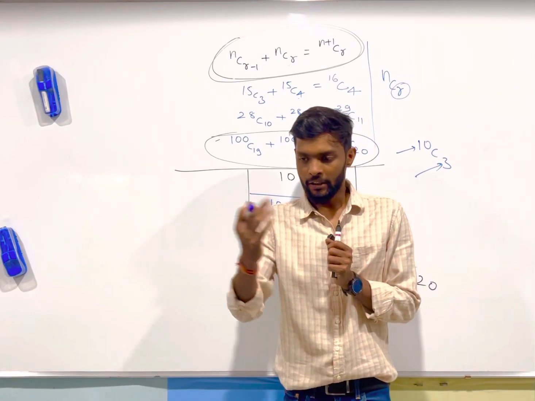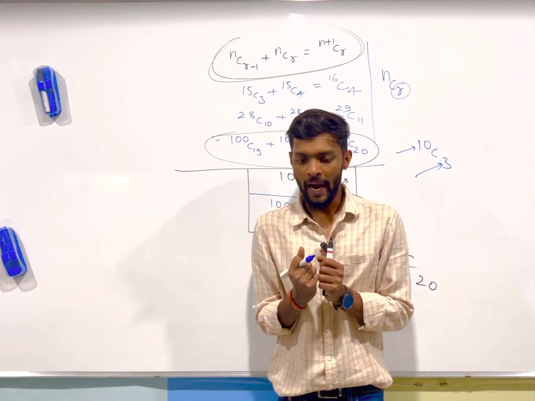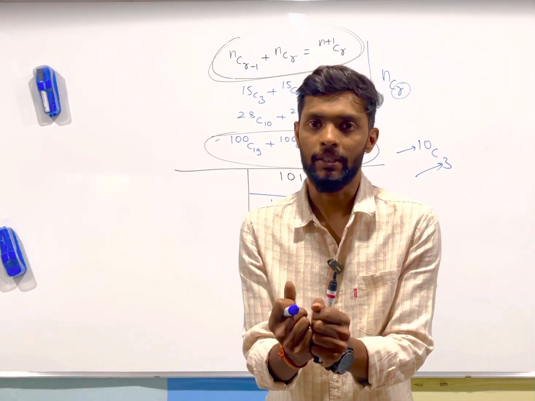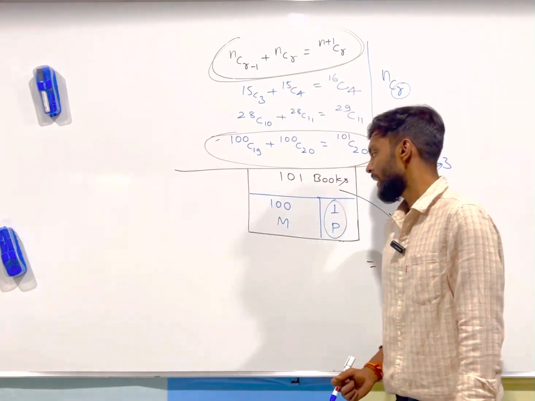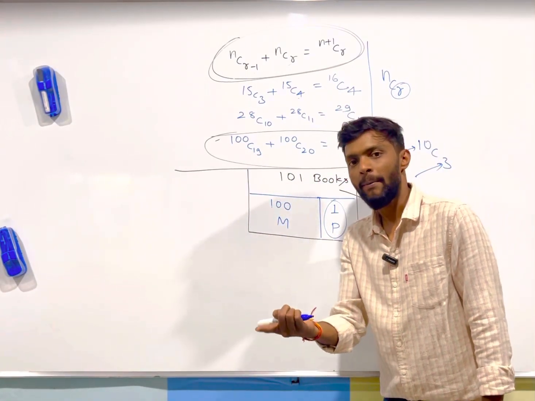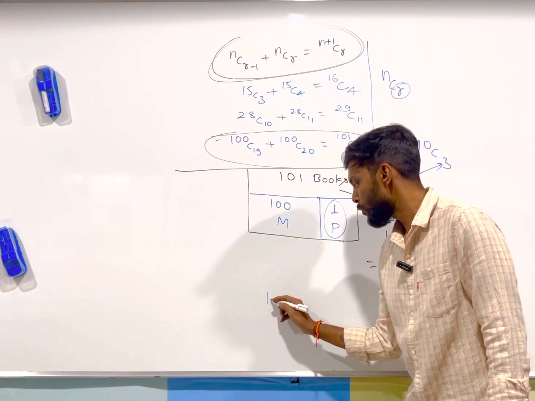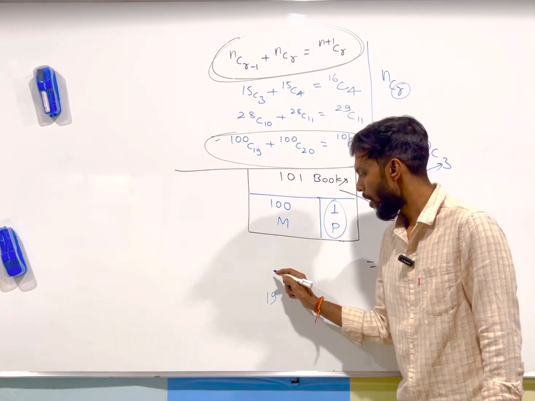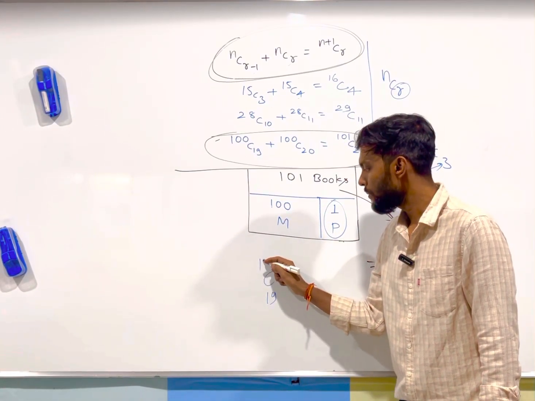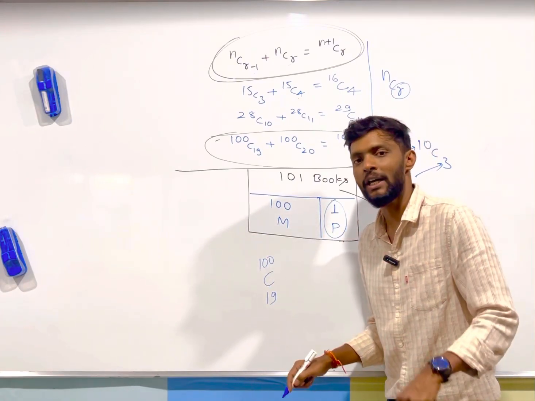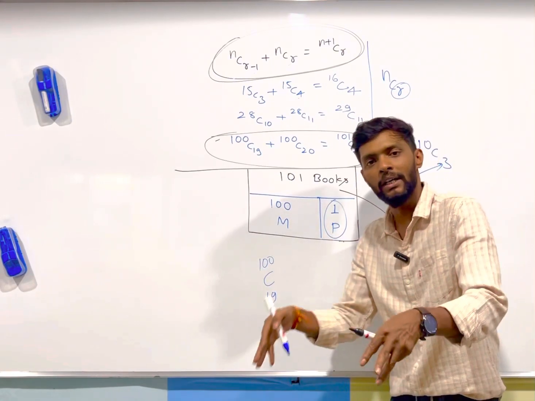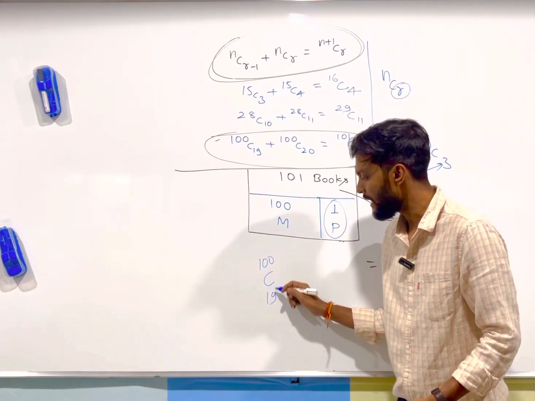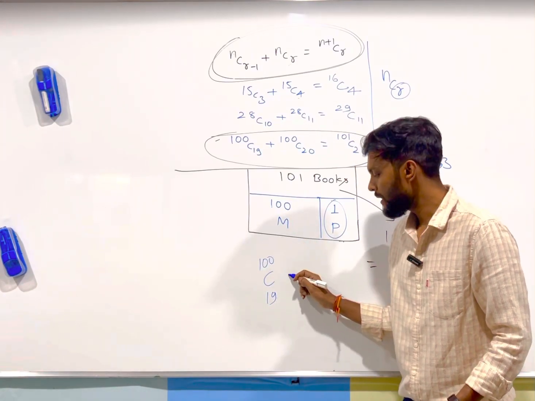Consider someone is coming to select 20 books and you are always getting selected. Then that person must select 19 books out of the other 100 books, because he has to select 20 books and the physics book is already selected. So he has to select 19 books out of 100 mathematics books.